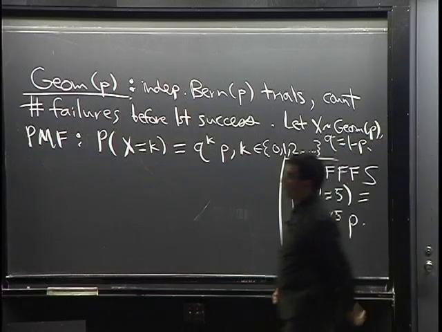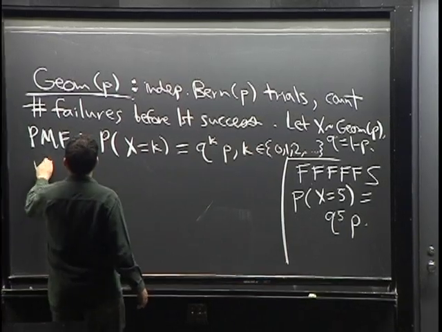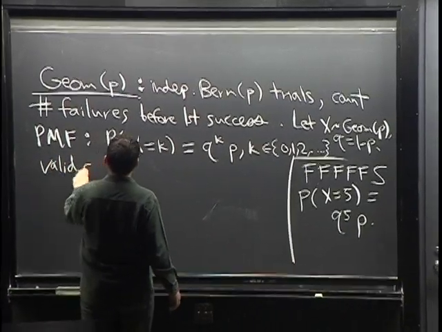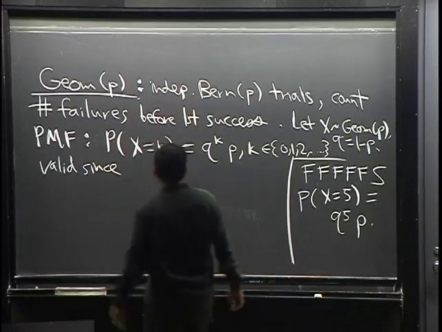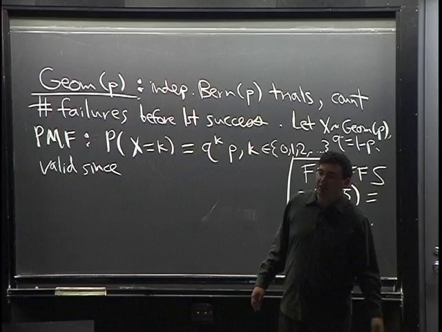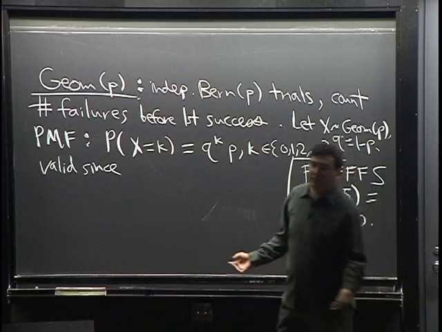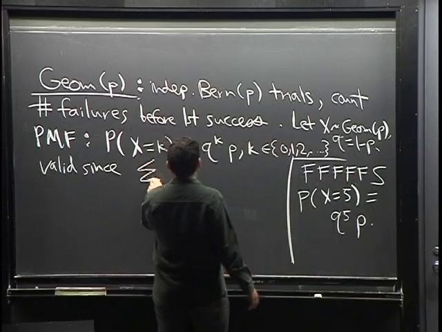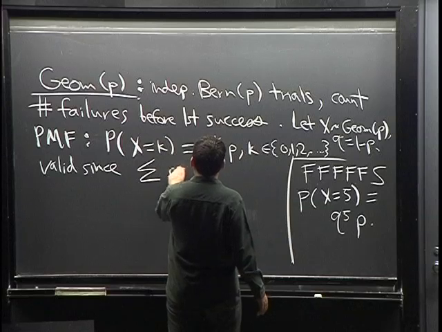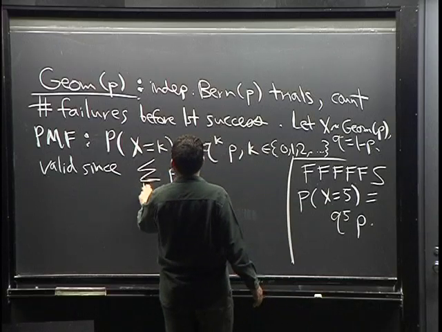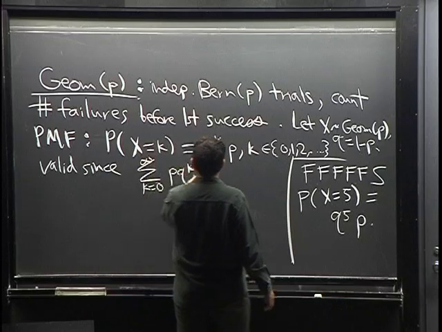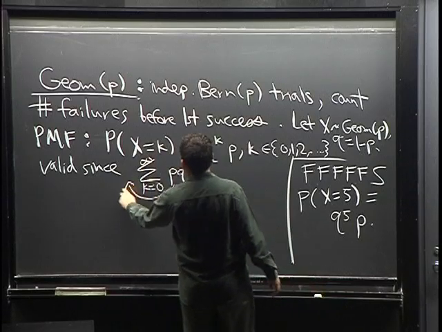Let's check that this is a valid PMF. Why is this valid? Well, to check that these are non-negative, so to check this is valid, we have to add these up and see if we get 1. So if we add up p q to the k, k equals 0 to infinity, we can take out the p because that's just a constant.